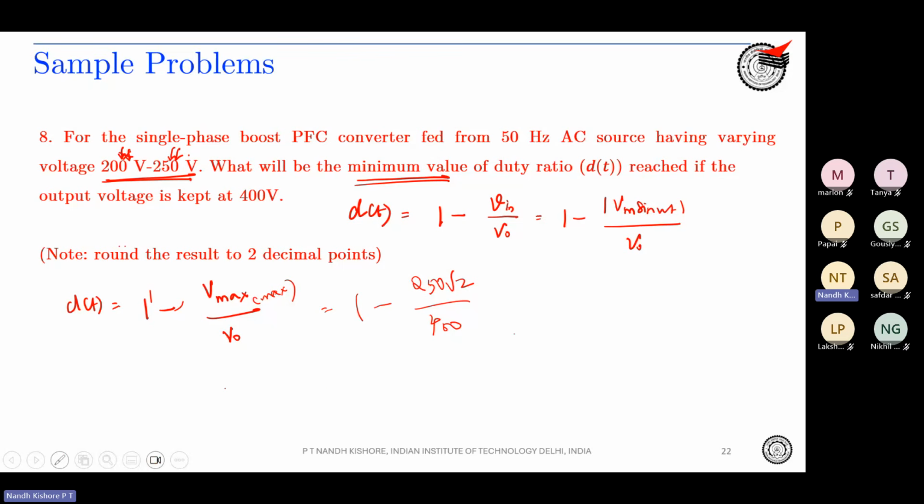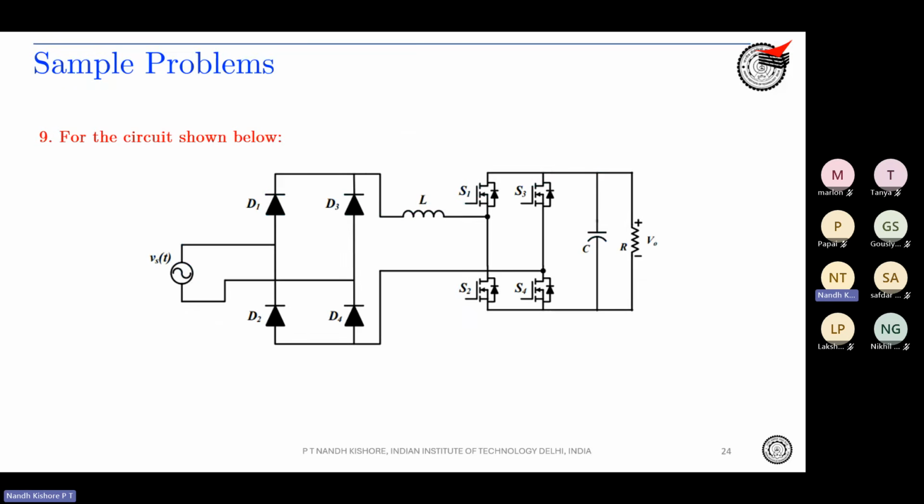So 1 minus 250 root 2 by 400. I'm getting 0.116. This is the minimum value of duty. The least the duty would go is 0.116.